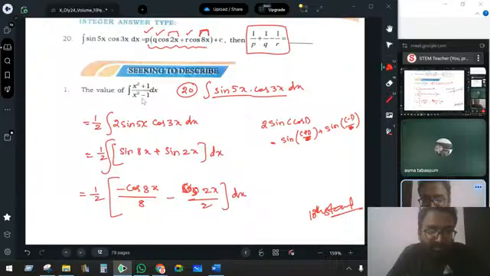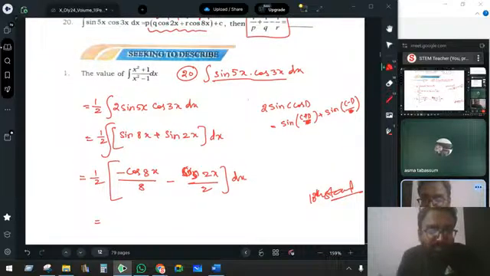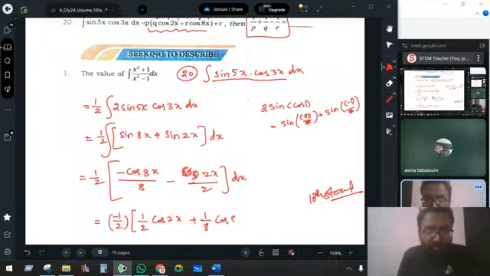Okay, next, a common factor has to be taken outside: minus 1 by 2. Here 1 by 2 into cos 2x plus 1 by 8 into cos 8x plus c.